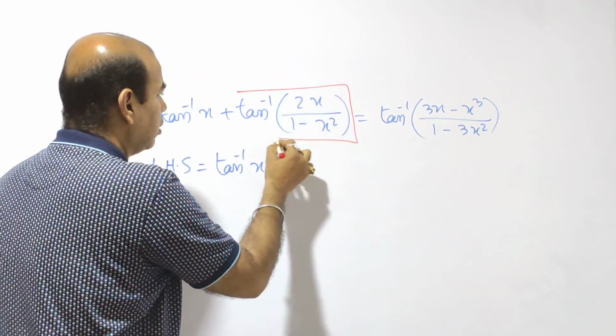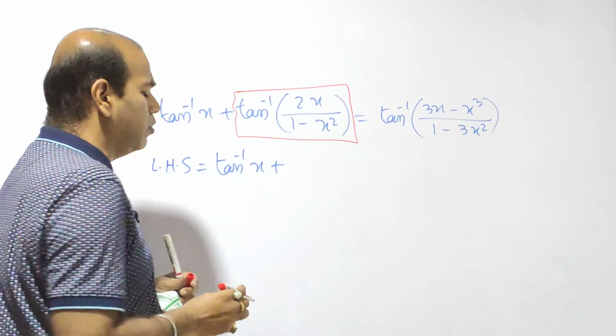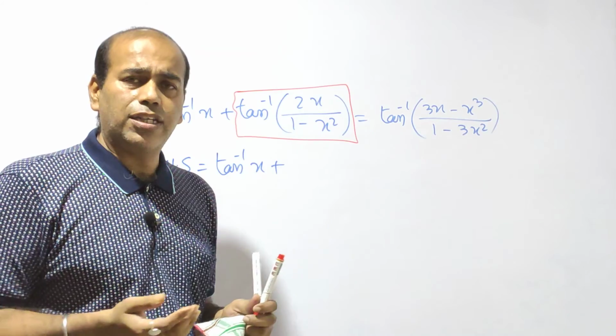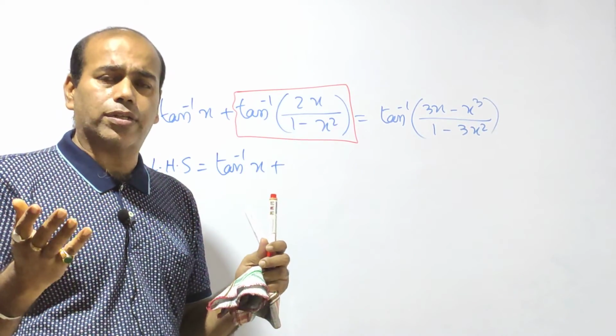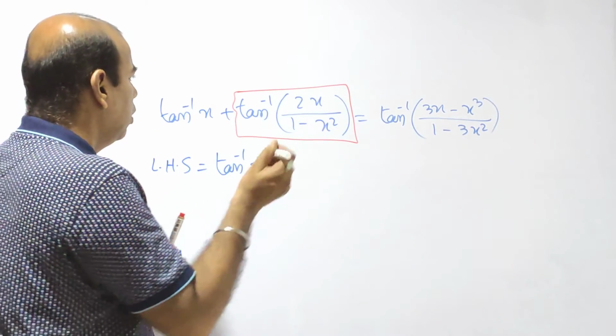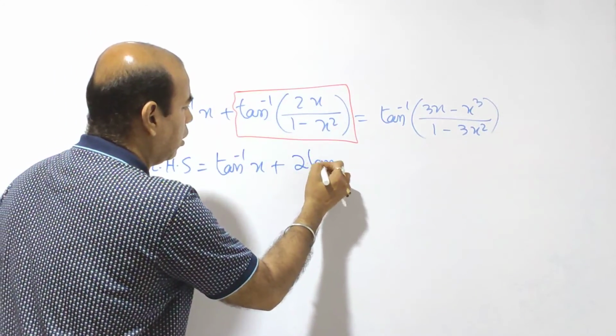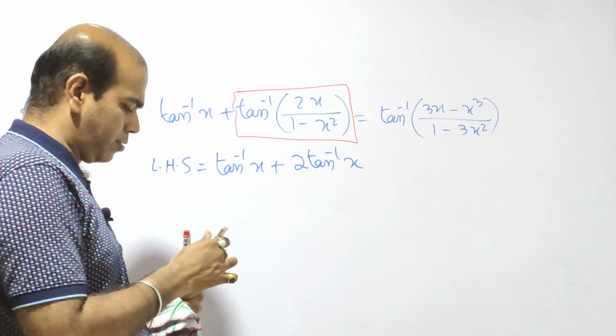You see, this is 2 tan inverse x. The 2 tan inverse x formula, in my first lecture I proved, is tan inverse (2x by 1 minus x square). So in place of this I will write 2 tan inverse x.